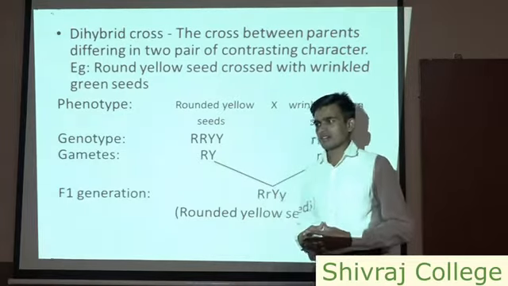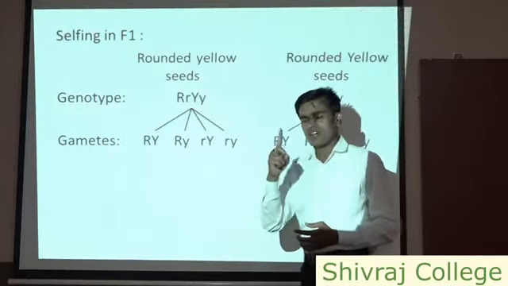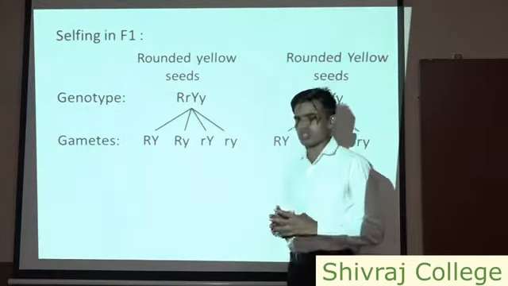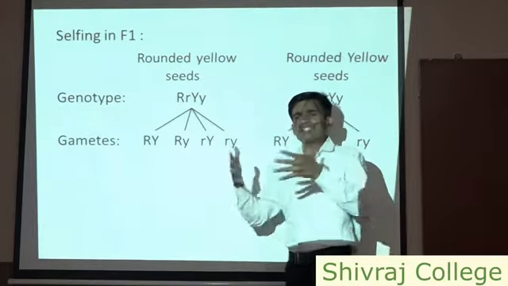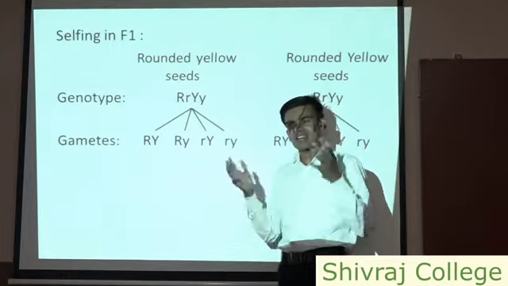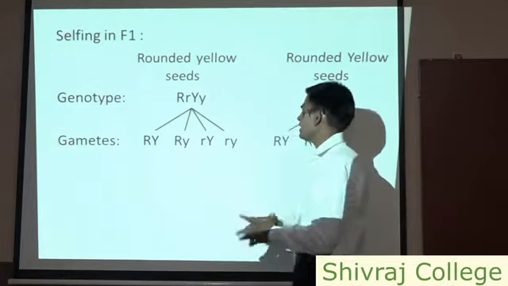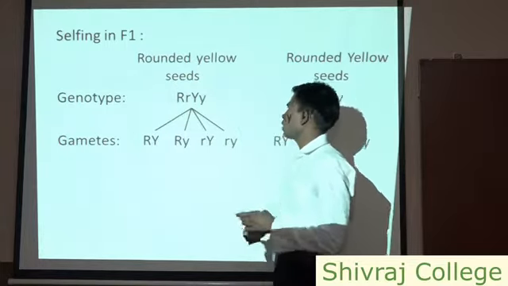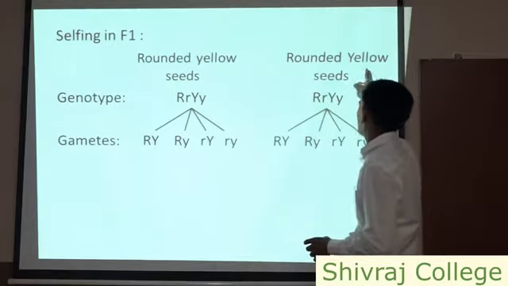Next slide. Selfing of F1: the F1 plant gets self crossed. Those plants found in the first generation get self crossed, meaning both male and female plants have the same genotype, a round shaped yellow colored seed, crossed with again round shaped yellow colored seeds.